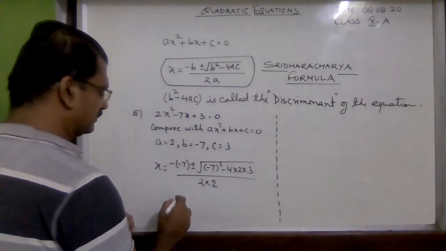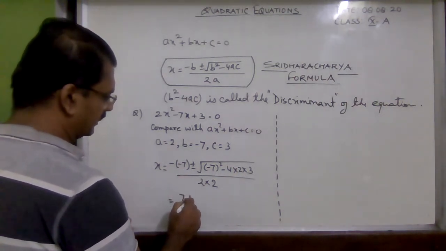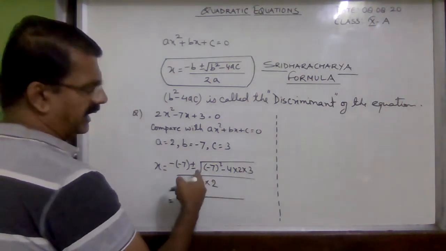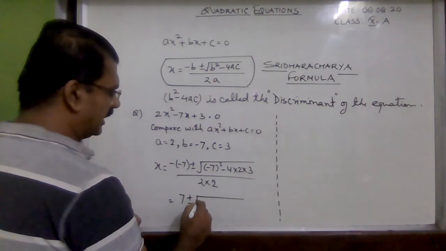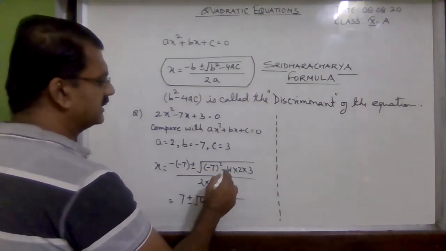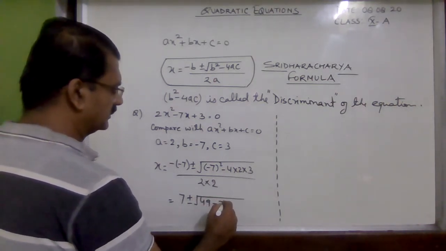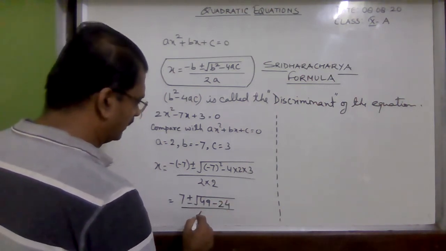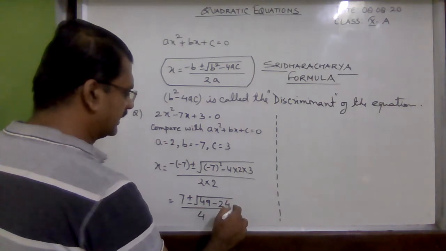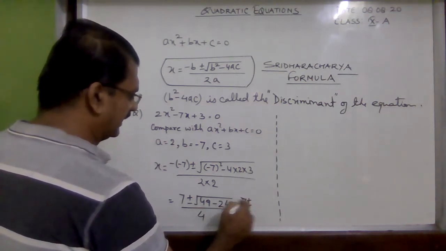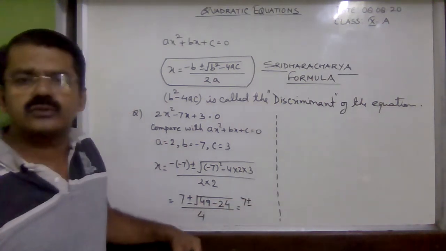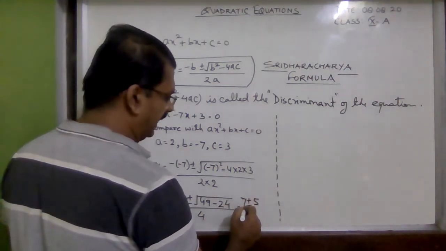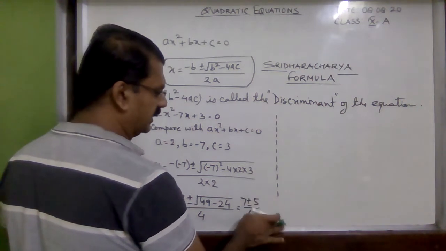So minus into minus becomes plus, so it is 7 plus minus under root (−7)², which is 49, minus 24, upon 4, 2 into 2. Now you see 7 plus minus under root 25, and square root of 25 is 5, so 5 by 4.